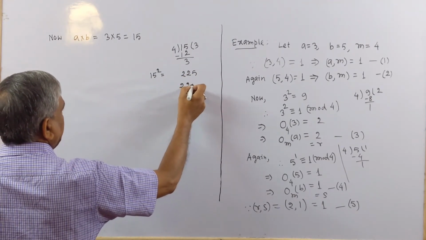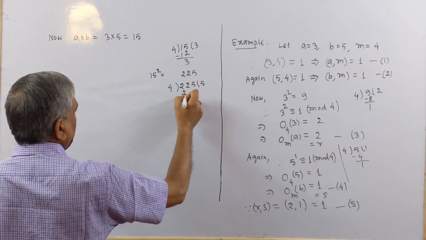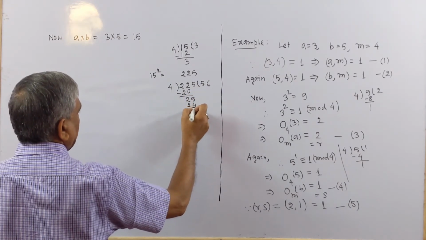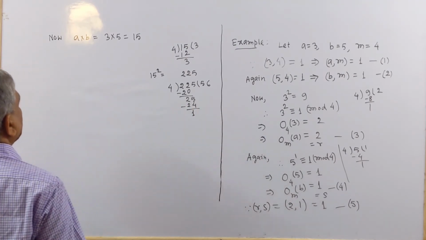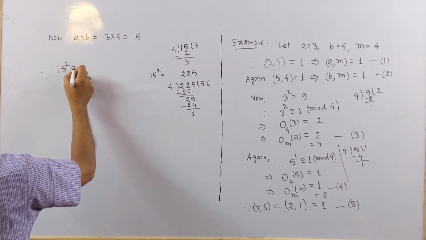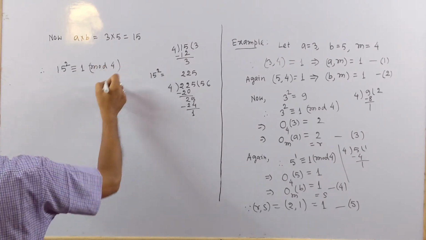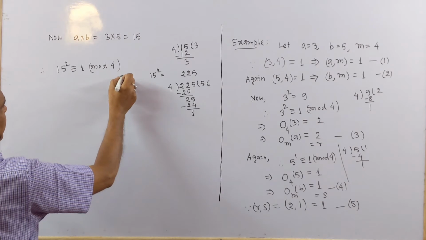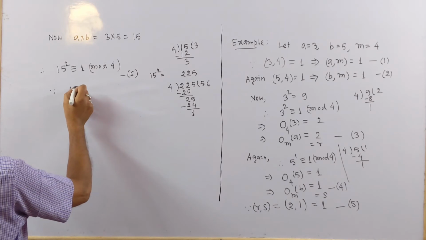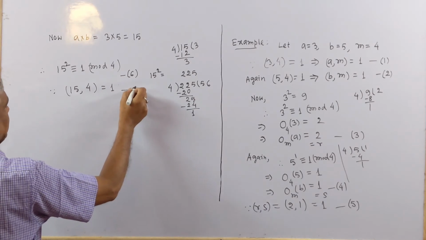When 225 is divided by 4, we get remainder 1. Therefore, 15 squared is congruent to 1 modulo 4. This is number 6. Since GCD of 15 and 4 equal to 1, this is number 7.